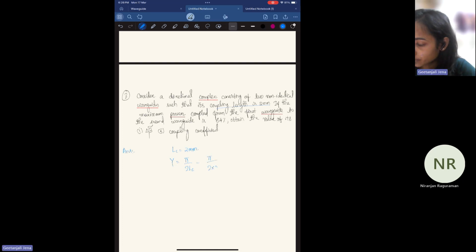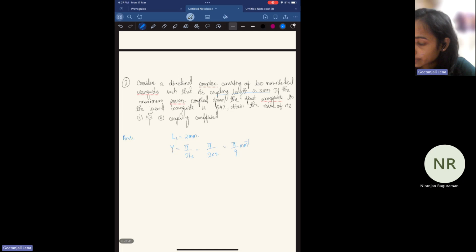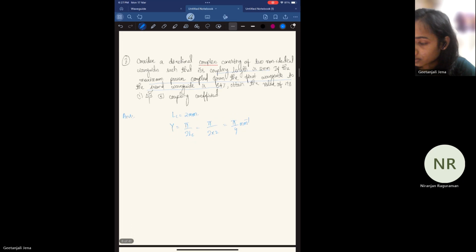LC is 2 mm, so this is pi by 4 mm inverse. Now the maximum power coupled from the first waveguide to the second waveguide is 64 percent.